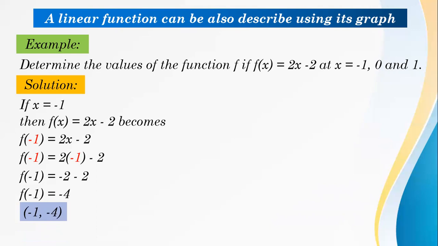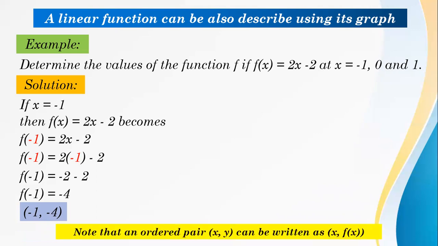Your x is negative 1 and your y, or your f of x, is negative 4. Note that an ordered pair (x, y) can be written as (x, f of x) because f of x means y.